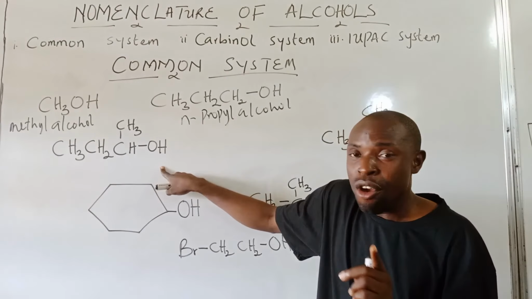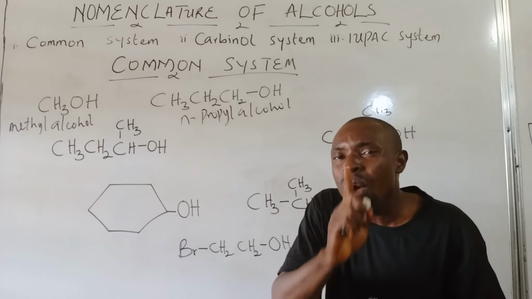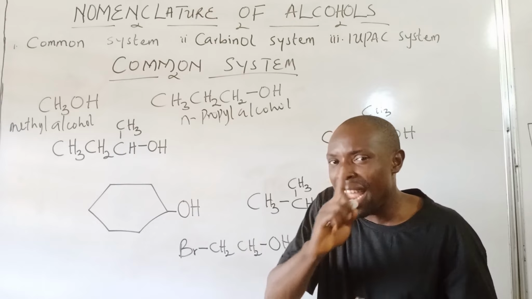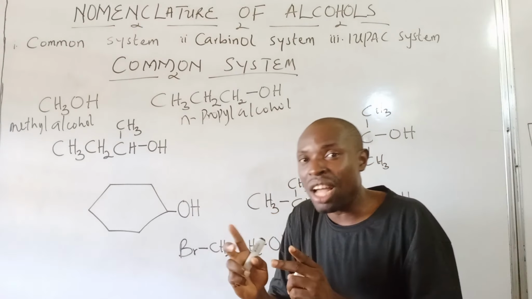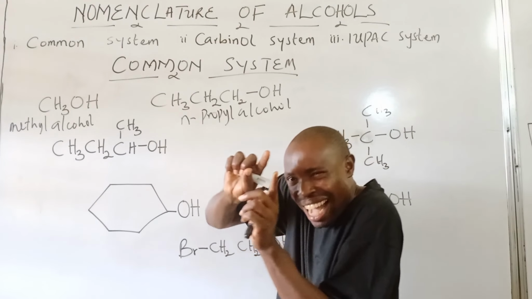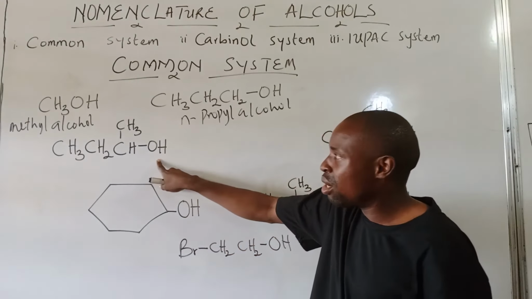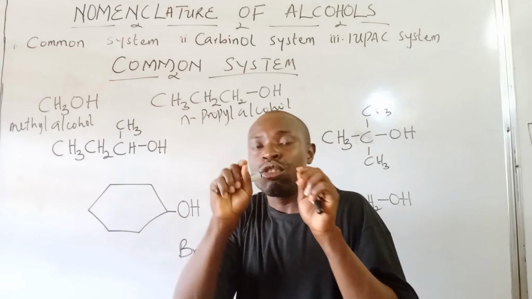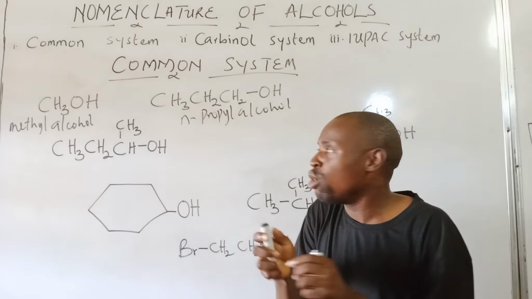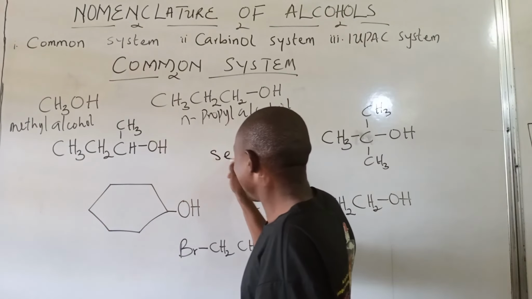Remember, please do not forget. In the case of secondary, it has two alkyl groups, while in the case of tertiary, three alkyl groups are attached to the carbon carrying the hydroxy group. To represent secondary, we use the short word sec.